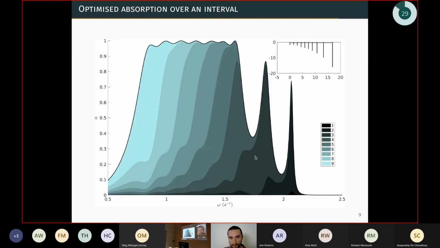So you get this curve like this, and I've put the colors underneath the curve, which is meant to demonstrate which piston is doing the absorption at that particular frequency. While we do get this flat curve like we wanted, one thing to be aware of is that the first few pistons haven't really contributed much to absorption over the target interval.